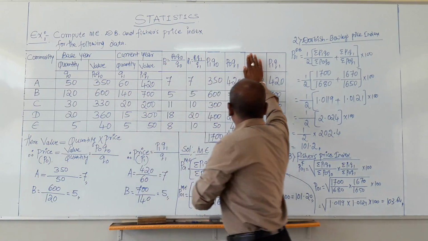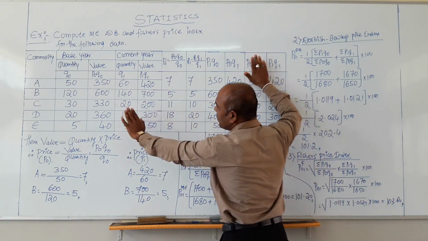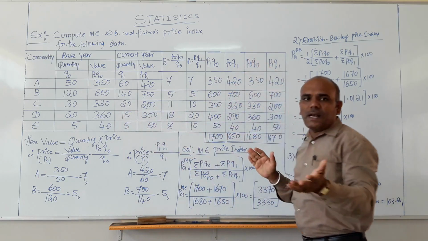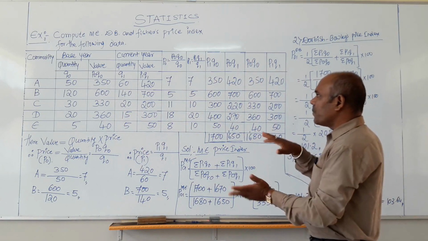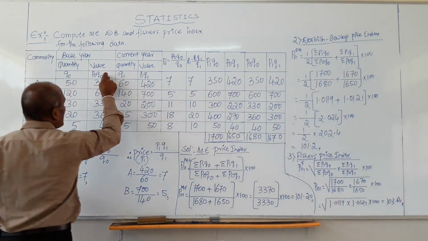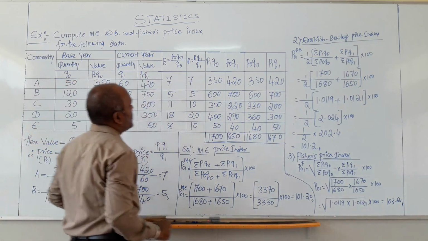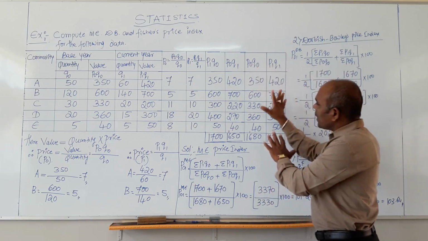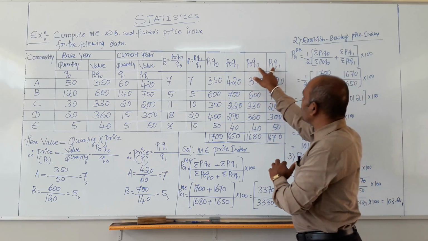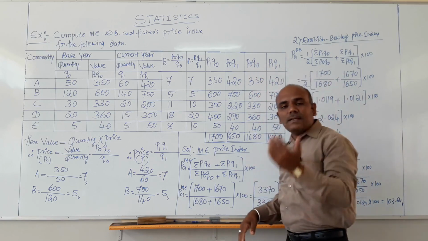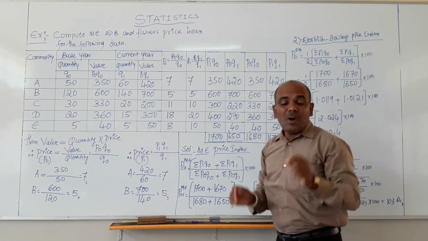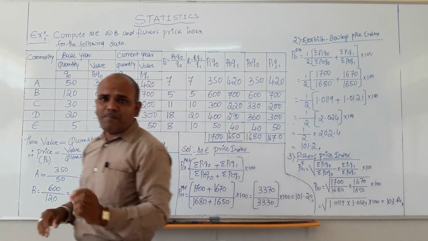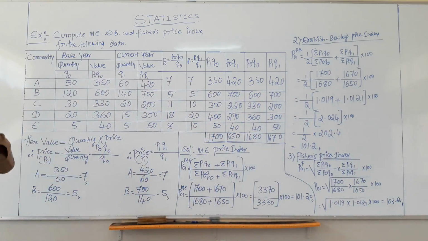Here, this much is the total solution of this question. But as per your understanding, once again we will rewrite the P0 Q0 and P1 Q1. These two columns' information is already mentioned in the problem. Once again go through the question. If they mention in the base year value or total expenditure, then it is considered as P0 Q0.